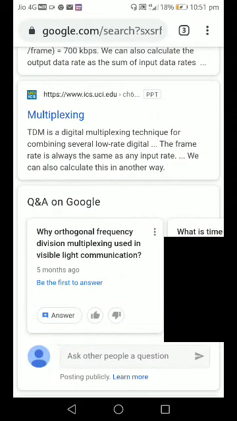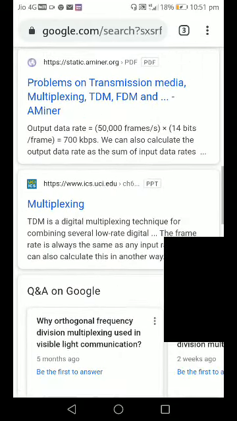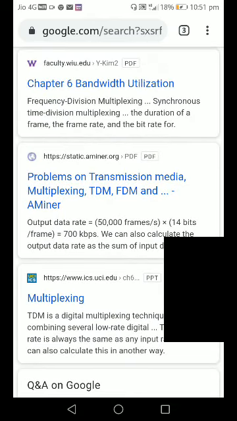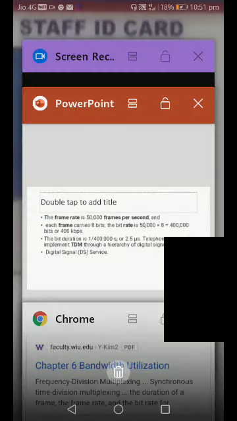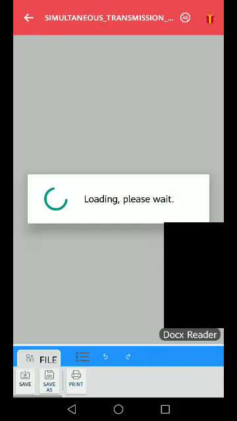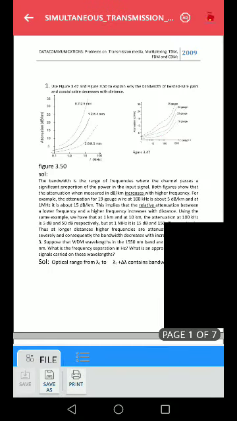This is the hierarchical structure of time division multiplexing.